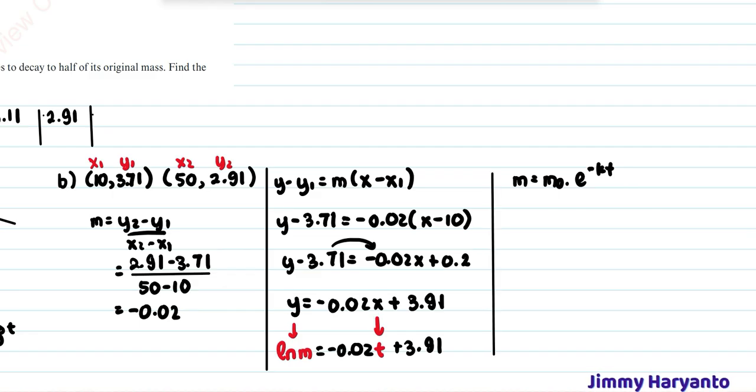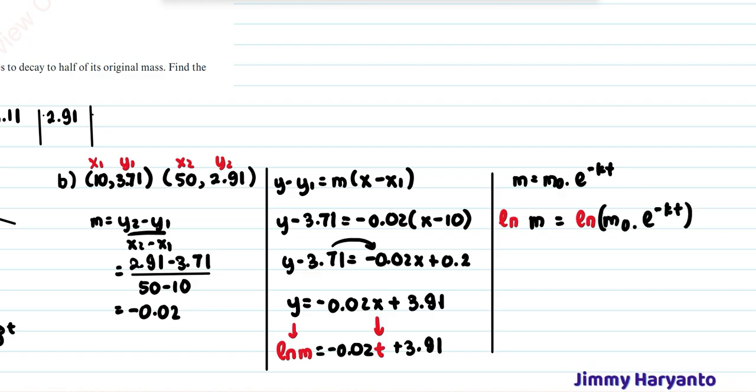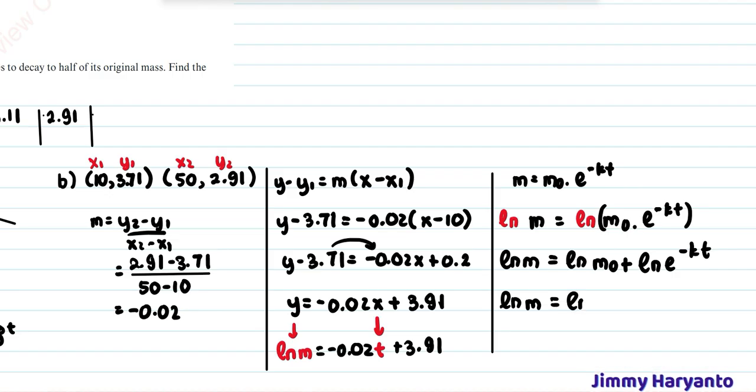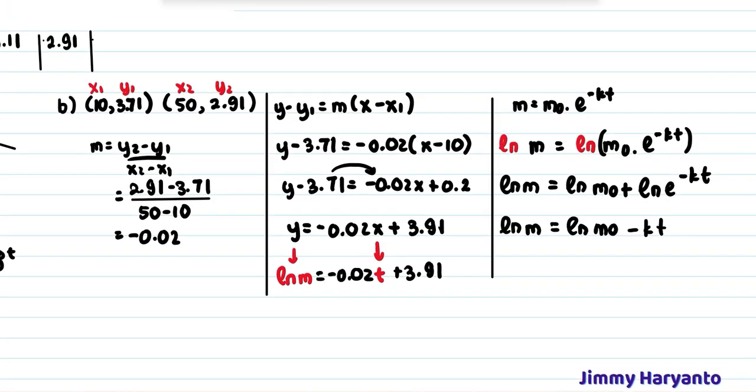That means we put ln on the left hand side and ln on the right hand side. ln m equals ln m0 times e to the power of negative kt. So ln m equals ln m0 plus ln e to the power of negative kt, and then we can move these powers to the front. You'll have negative kt times ln e, and we already know that ln e equals 1, so we only have negative kt.